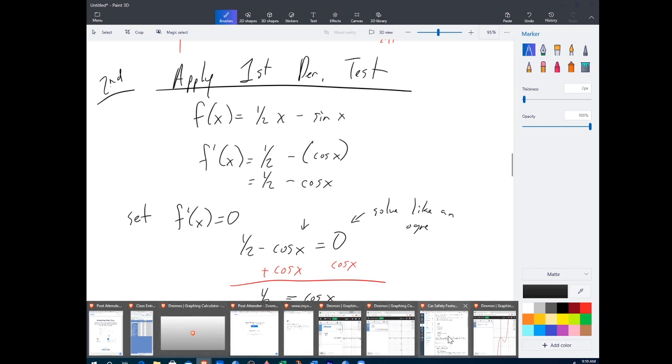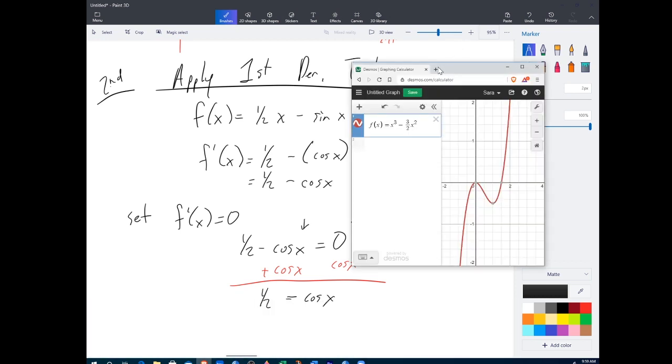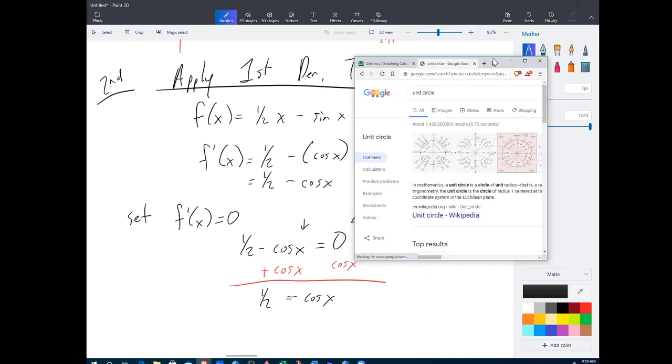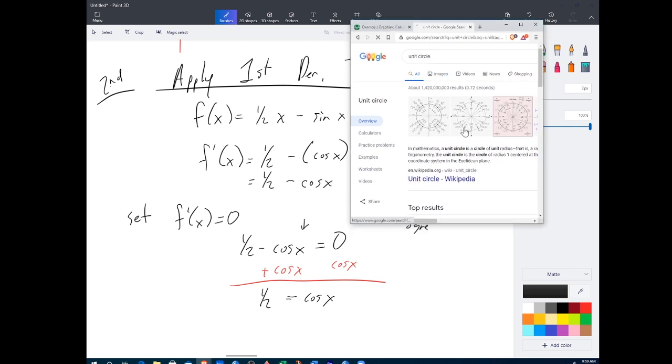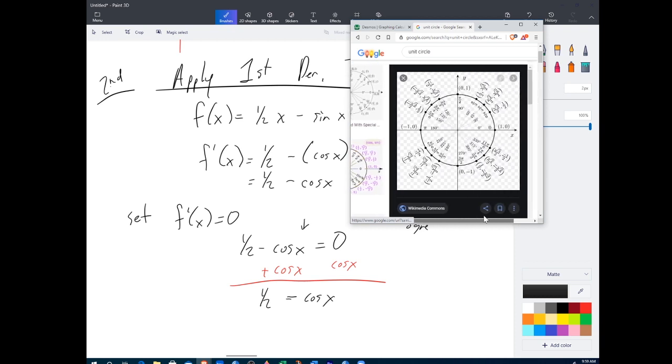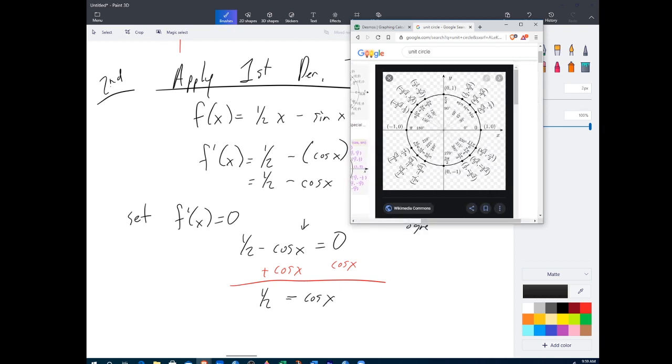Did I close it? I must have closed it. So we're trying to find the places where your x value, because we said the x coordinate, it goes with the cosines.